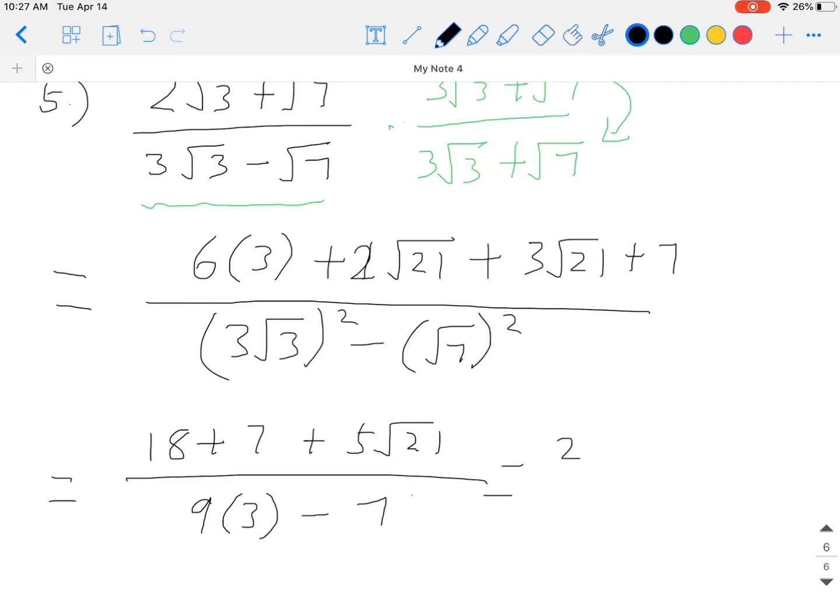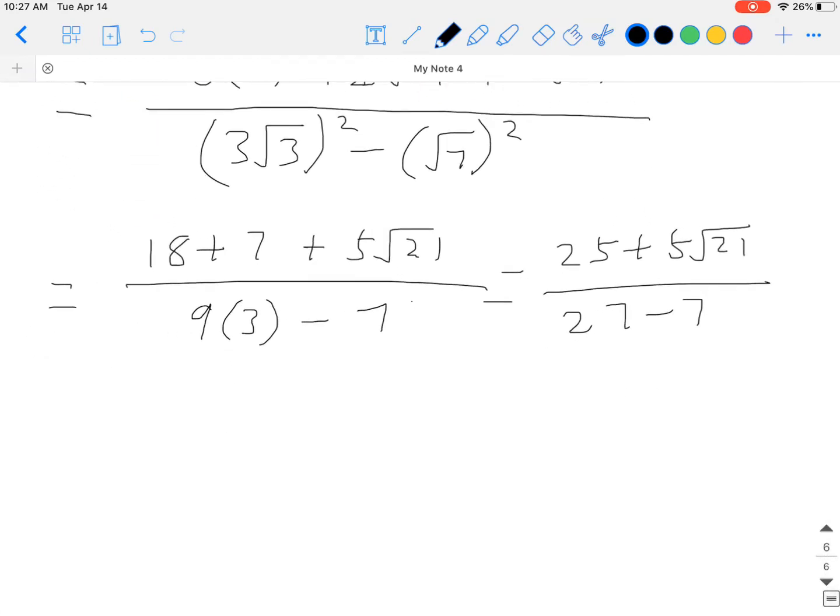Let's simplify further. It's 25 plus 5 radical 21, and then 27 minus 7. This should be equal to 25 plus 5 radical 21 over 20.